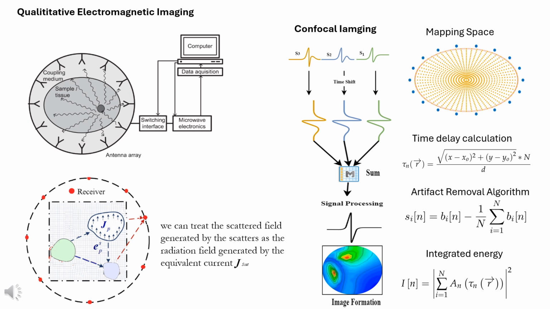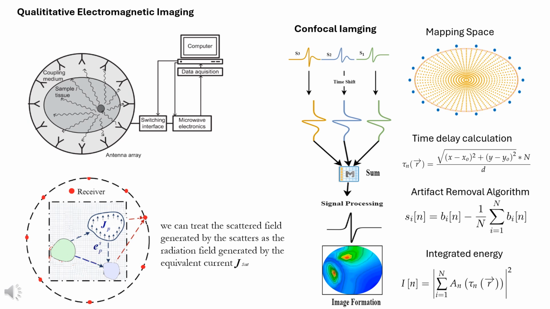The time delay formula, tau-n, calculates the time delay based on the distance from the source, the transmitting antenna, to the scattering point in the tissue and back to the receiving antenna. The time delay helps align the signals for proper image reconstruction. The signal correction equation, S-n, represents the signal processing step where the average value is subtracted from the signal to remove noise or unwanted artifacts.